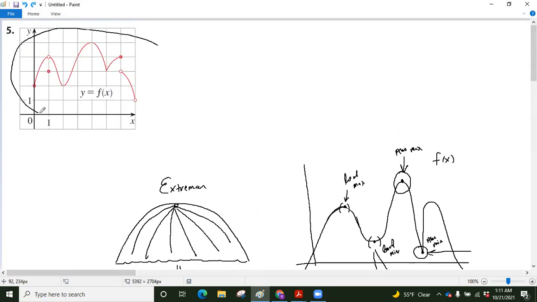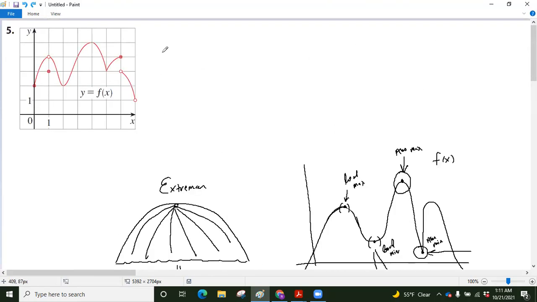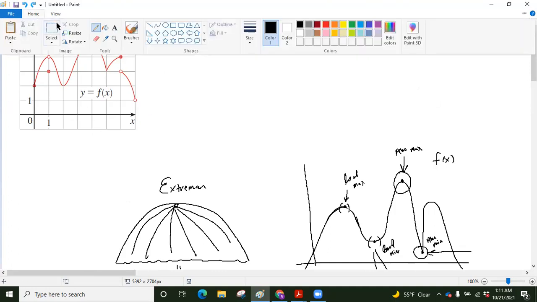And so when we're looking at this graph, we essentially want to look for which of these points are local maximums, local minimums, absolute maximums or absolute minimums, and so on. So now we can revisit this example and perhaps piece things together.